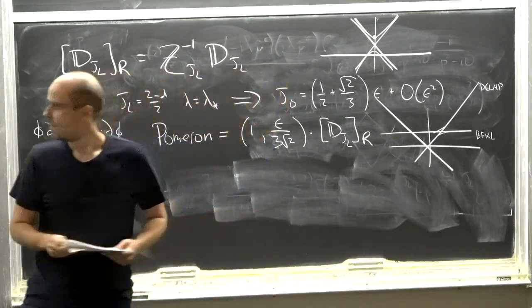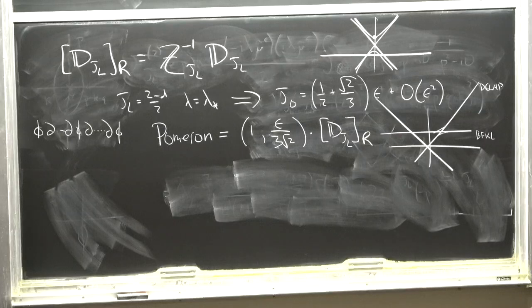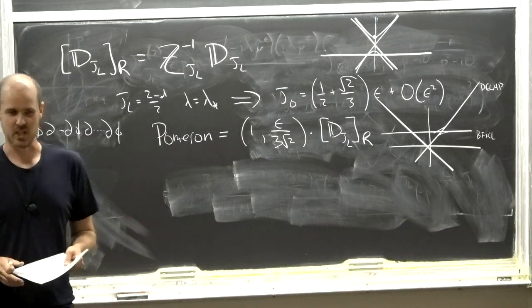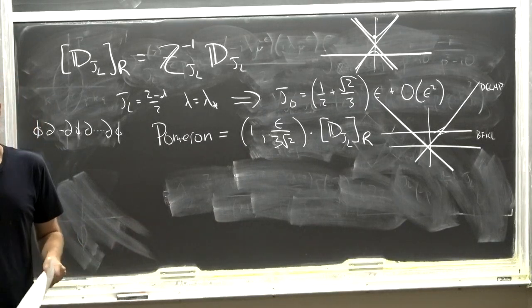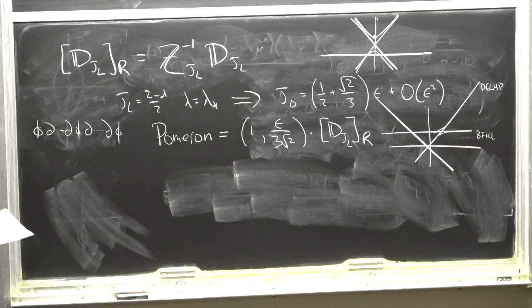Okay, so I have a few more pages in my notes. I was going to talk about non-perturbative stuff, what we know non-perturbatively. And since I have about 10 minutes, this is going to get pretty sketchy. But I just want to say some words about what is known non-perturbatively.